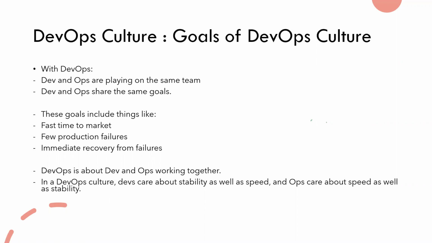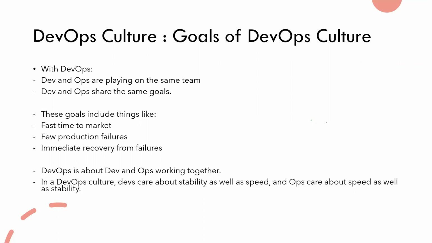Basically, what is the goal of this DevOps culture? Here dev and ops, meaning developers and operations teams, both share the same goals. What are their goals? Faster time to market, less production failures, more frequent deliveries, immediate recoveries, and more productivity. So the goals of both of them are quite similar.